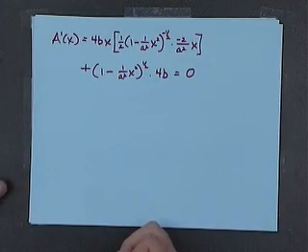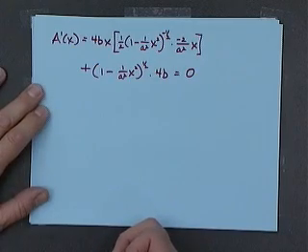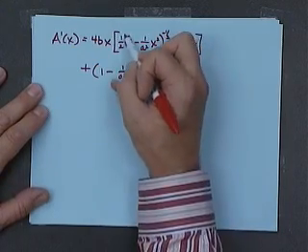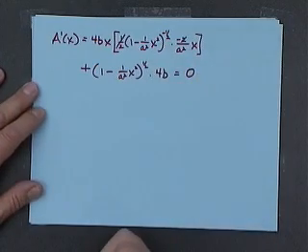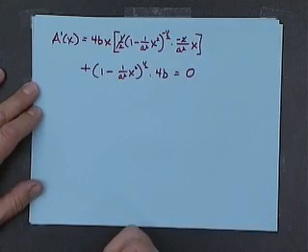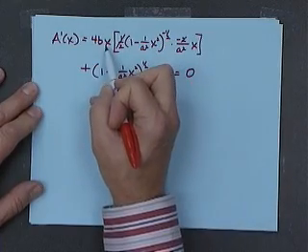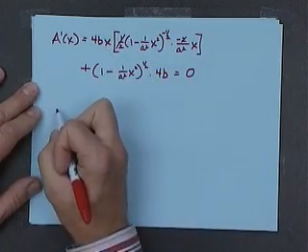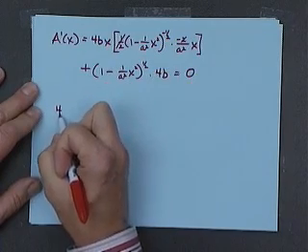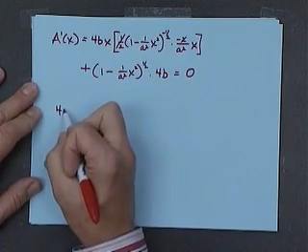Anything that we can knock out before we start trying to simplify? Well, half times 2, they knock out. We've got an x here times another x here, right? So we've got 4b.